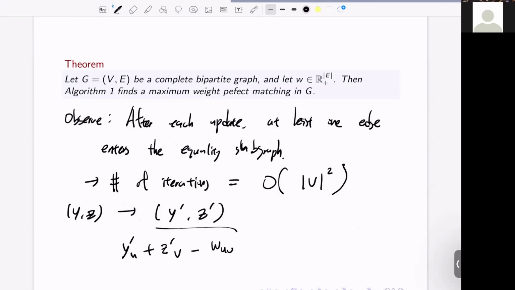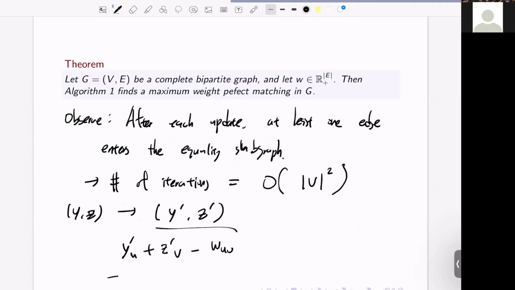So Y prime U could decrease by epsilon or stay the same, and Z prime V will stay the same or increase by epsilon. The one that increases doesn't matter because it will satisfy the inequalities. So we need to care about the edges UV where Y prime U decreases.